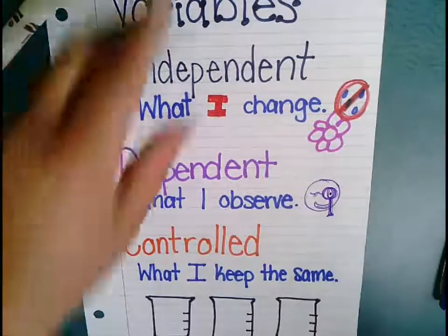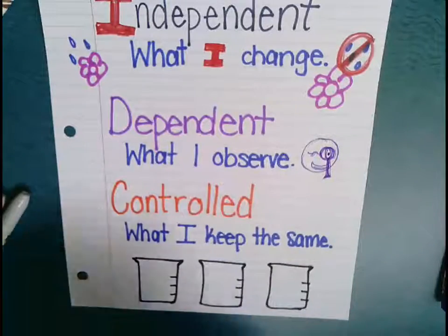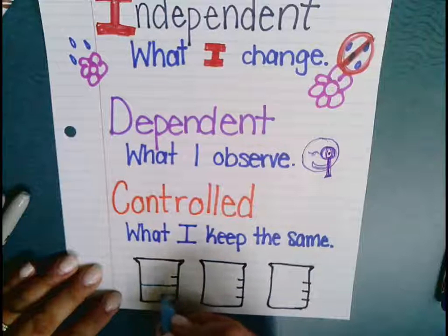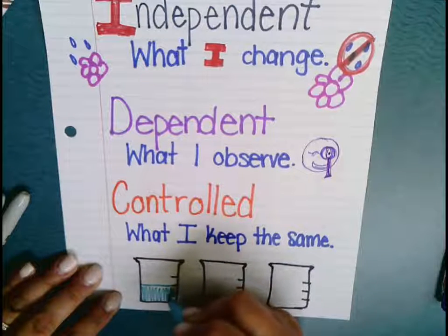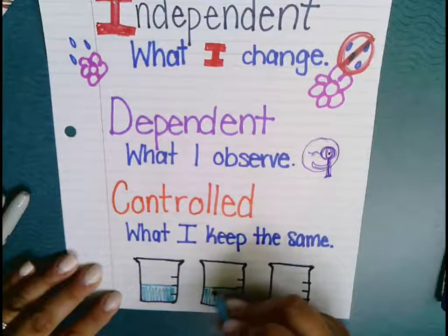And what we're going to do is we're going to make sure that all of our beakers have the same amount of liquid in them. Let's have it go up to that second line to show that control variables are things that stay the same in an experiment.